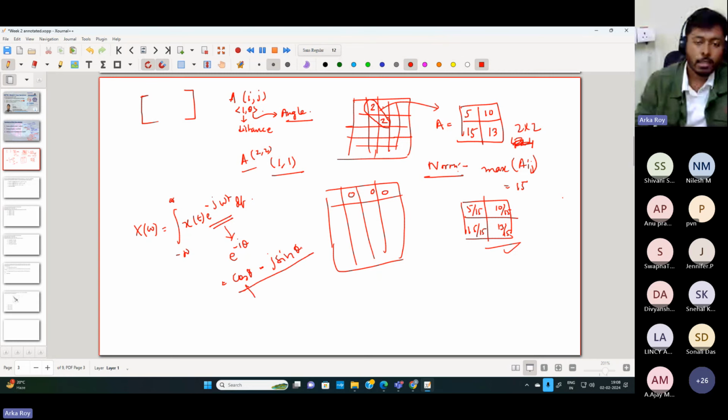So over here, this is the real part and this is the imaginary part. If you multiply this with x(t), it will be x(t) cos theta minus j into sin theta into x(t). And then you can again write this integration and integrate over dt. So this is where the real part comes into the picture and this is where the imaginary part comes into the picture.